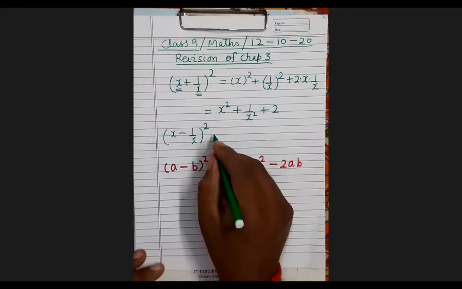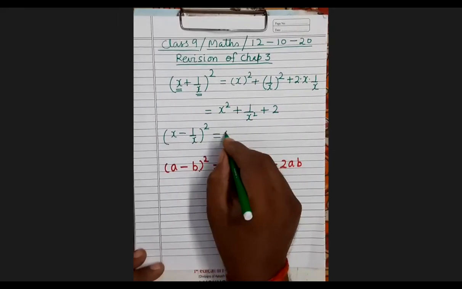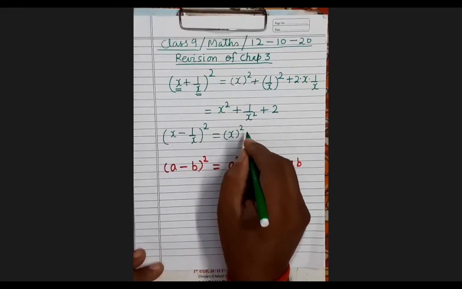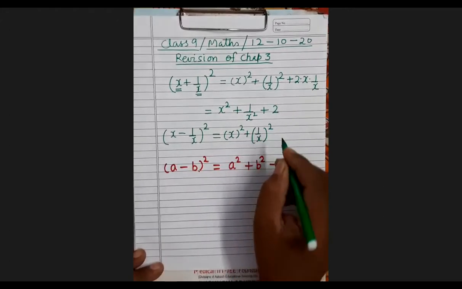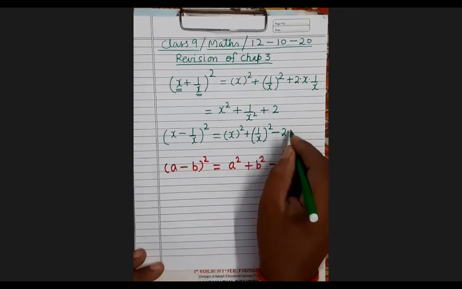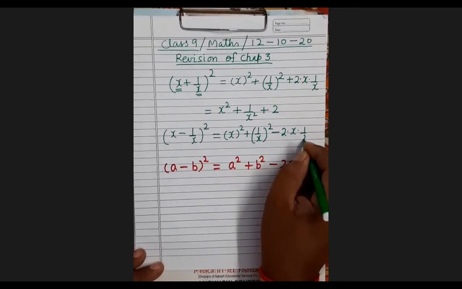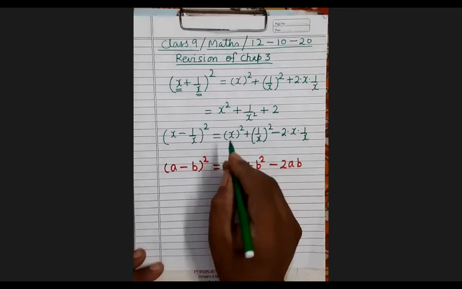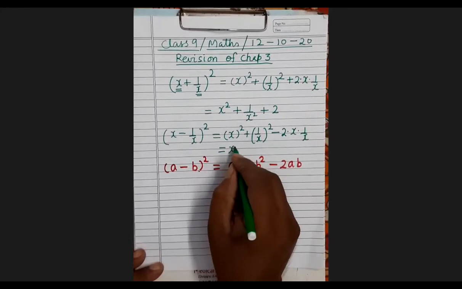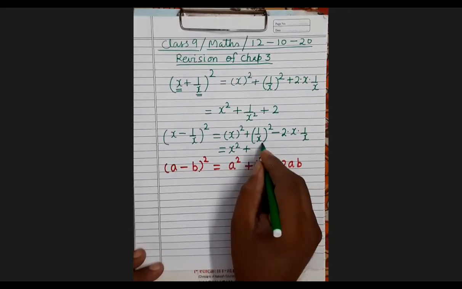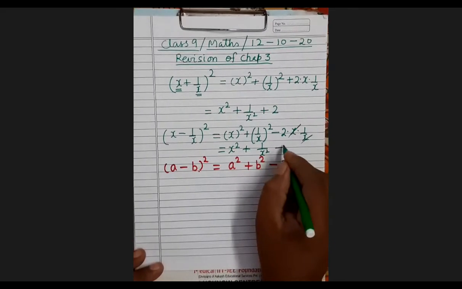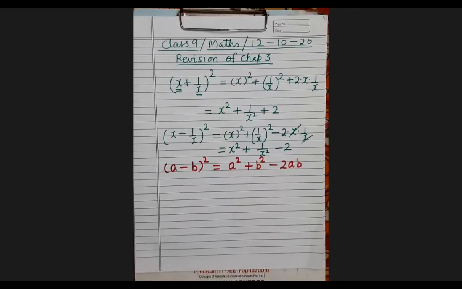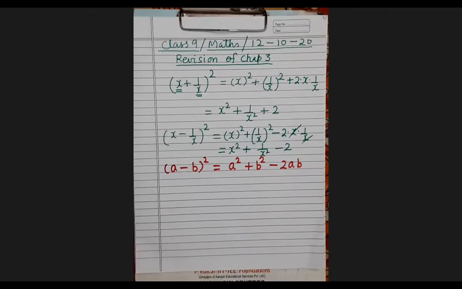So use the formula: x whole square plus (1 upon x) whole square minus 2. So it will be equal to x square plus 1 upon x square minus 2, as this and this cancel. Is it clear?